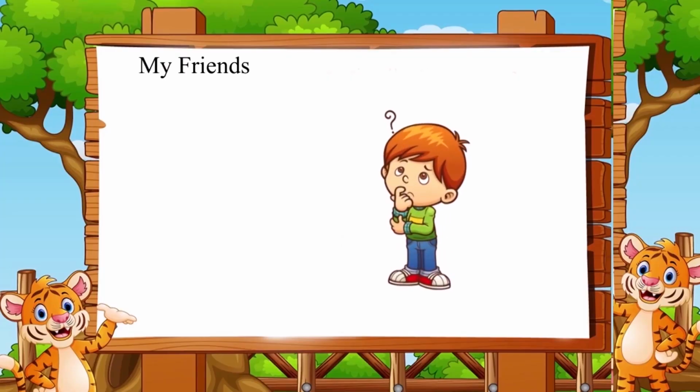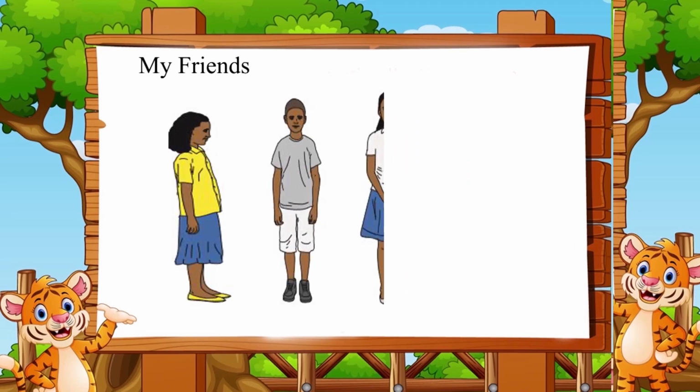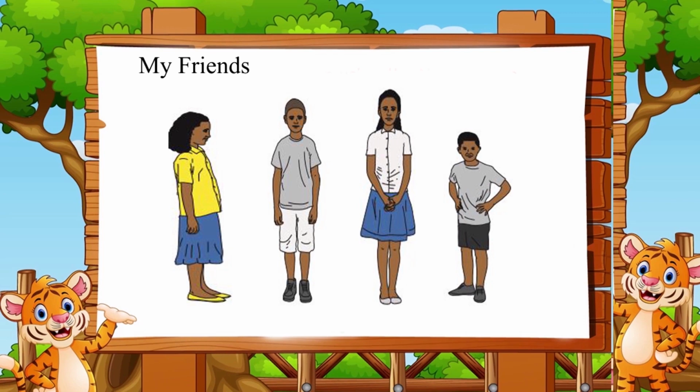My friends, I have 4 best friends. Their names are Salam, Enoch, Bethlehem, and Taghlai. We all are in grade 4. We do lots of things together.